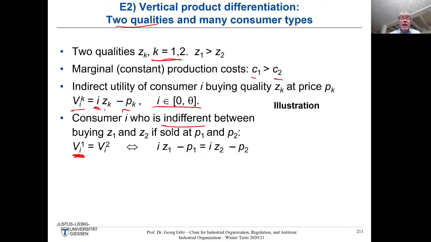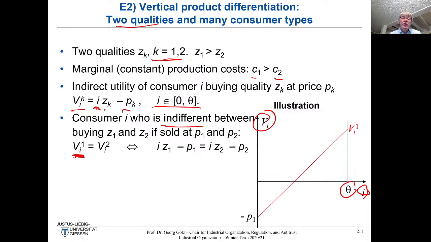I think this can be wonderfully illustrated in this diagram. On the x-axis, the abscissa, I draw all the consumers in increasing value of the willingness to pay, this index I, and of course the maximum number of consumers is theta. So we have along this line all consumers, and along the y-axis, the ordinate, we depict the indirect utility.